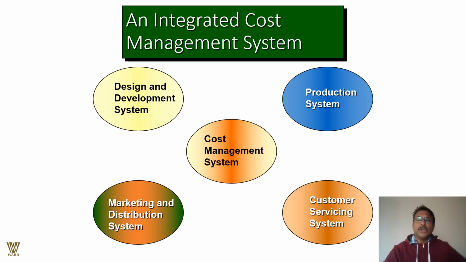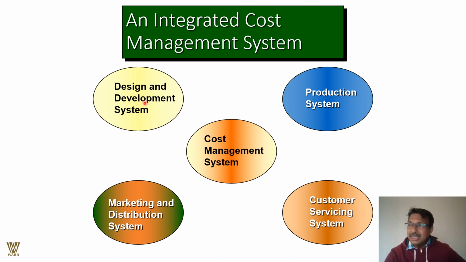An integrated cost management system should be designed and developed, and should have a production system, a customer service system, and a marketing distribution system. Everything, remember, entails cost. The design and development of the system, the production, the customer servicing, the marketing distribution. Please don't read it from a cost management point of view. It's a business operational view.